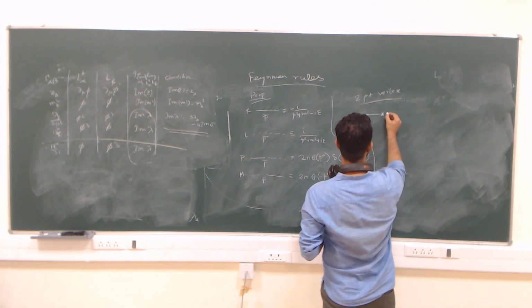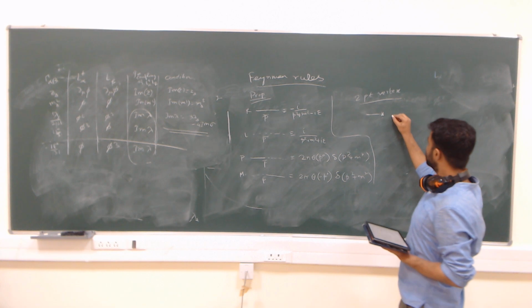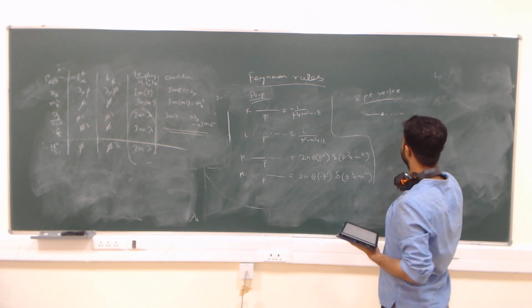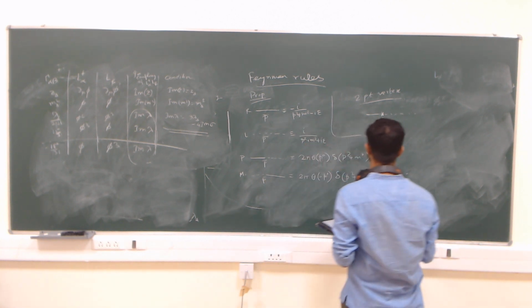I mentioned this before that if there are vertices in the mixed thing, then there will be other things as well. Basically, vertex I will include in this way. If there is no vertex, I will write it in this way.